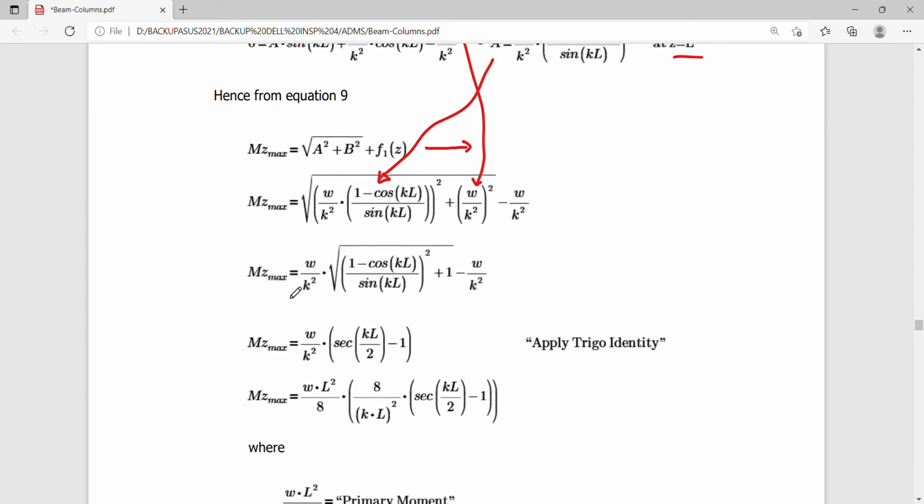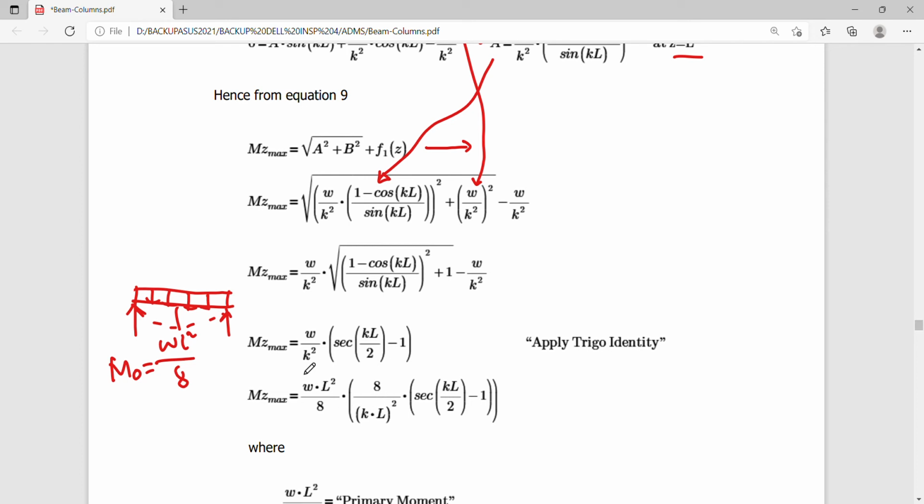factor, wherein we all know that the moment, the primary moment that is induced whenever you have a uniformly distributed load, this is always the WL squared over 8. So changing this first term here into a form of the moment, the primary moment, or MI or MO, then we simply multiply this by L squared over 8 and divide it by L squared over 8.